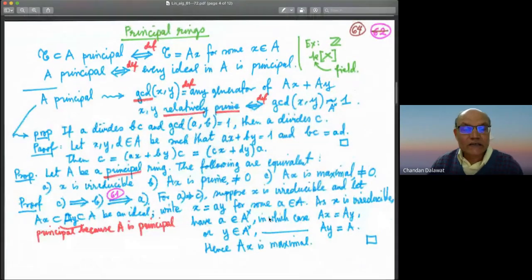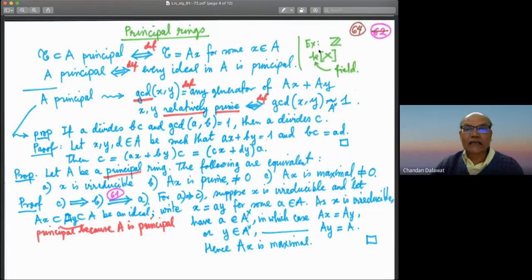Now let's come to these principal rings. These are integral rings in which every ideal is principal, that is, generated by a single element. So, for example, in the ring Z of integers, every ideal is principal, because every ideal is of the form nZ for some integer n.